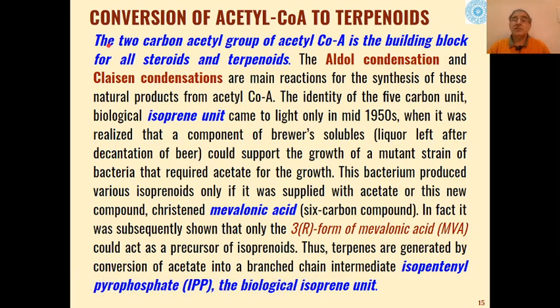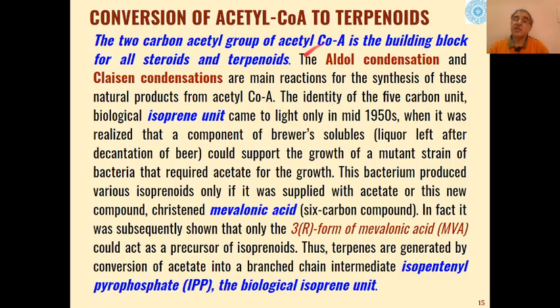Then this acetyl coenzyme A can be used for conversion into different types of terpenes or terpenoids. This 2-carbon acetyl group of acetyl coenzyme A is the building block for all types of steroids and terpenoids.